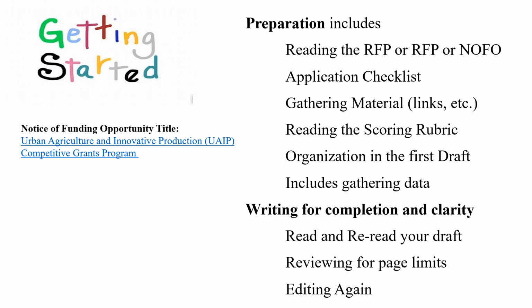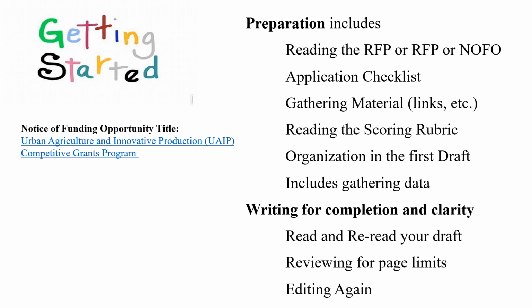And in the writing assignment, I'm going to show you an example of that. Read the scoring rubric. This is how the grant reviewers are going to score your application. You want to organize your first draft based on the NOFO, the application itself, and the scoring rubric, and preparation also includes gathering data.